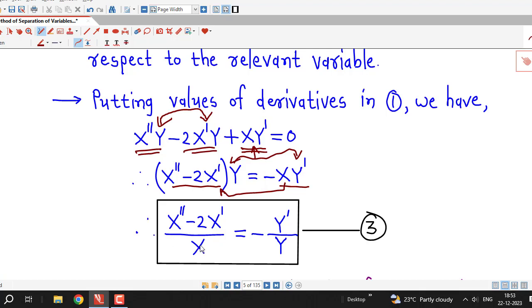Now here we know that capital X is a function of only one variable small x, and capital Y is also a function of another variable small y.